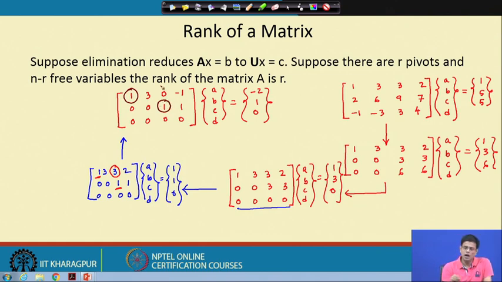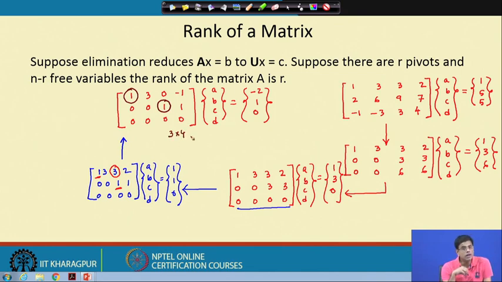So as per our rank definition, there are r number of pivots. So here it is 2 pivots, and naturally this matrix is a 3 cross 4 matrix.